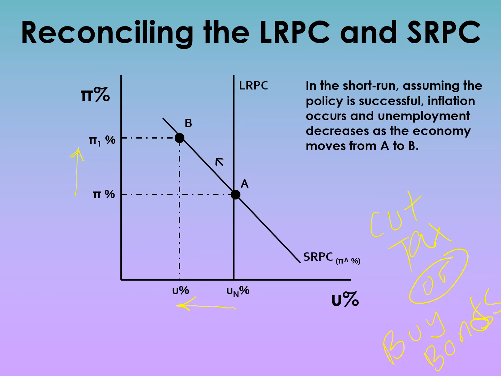Well, in the short run, assuming that the policy is successful, inflation will occur because as more people get hired, they go spend more money. When more people spend money, businesses have to raise their prices to keep up with all that extra buying. Remember that when we think about our basic supply and demand, supply increases when price increases. So if we want to produce more stuff to meet all the extra demand from all these people with jobs, we have to raise our prices. And that explains why inflation would go up.